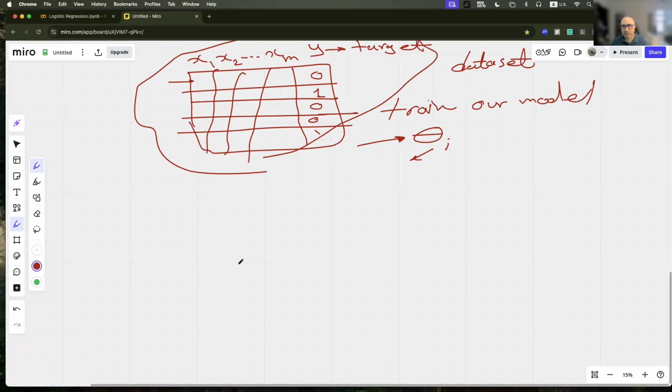The equation that we're going to use to find these thetas is like this. We're working with probability. You have the X, and you might see that this is written in bold, which means that they are vectors or matrices.